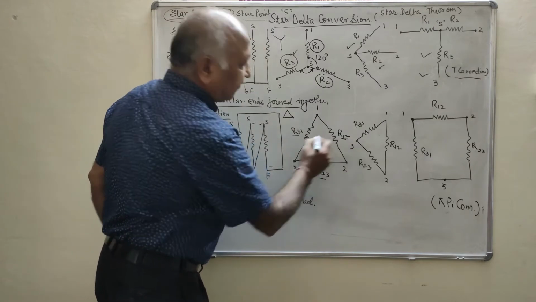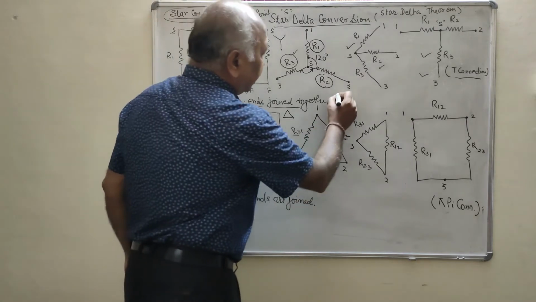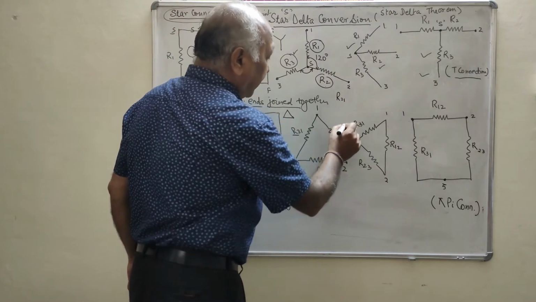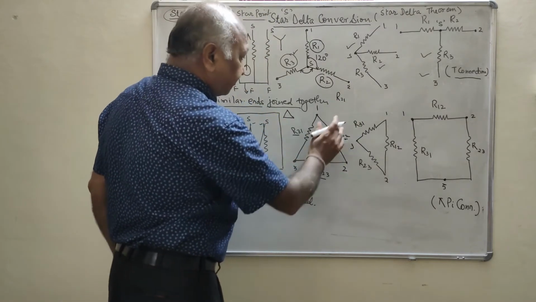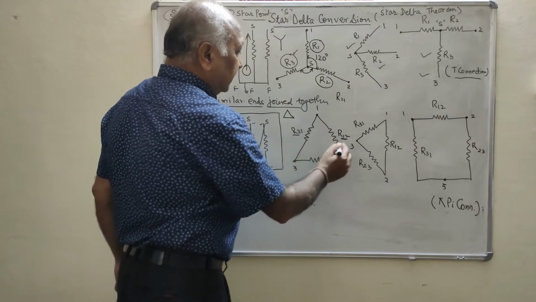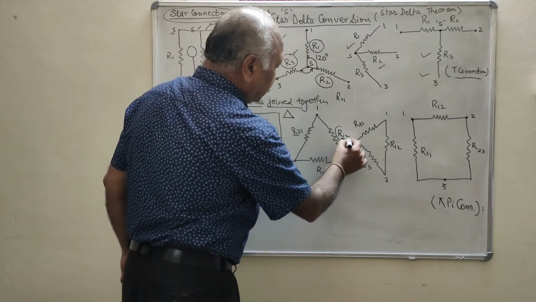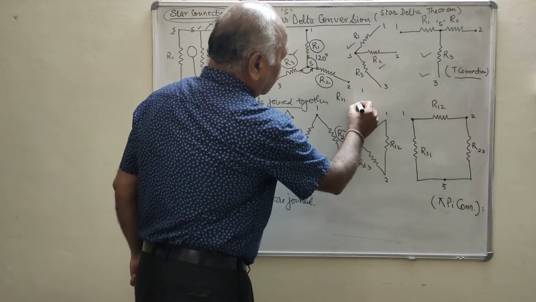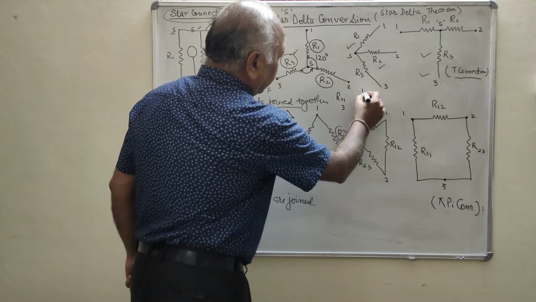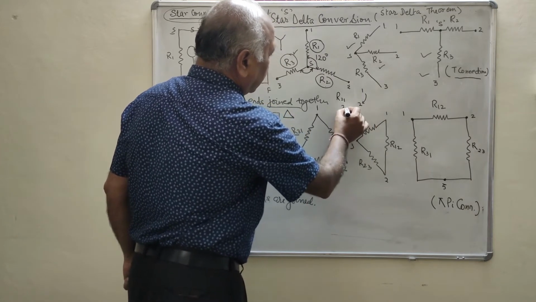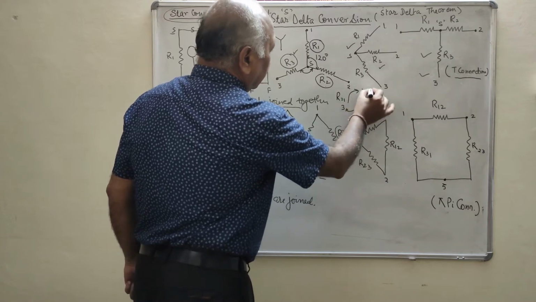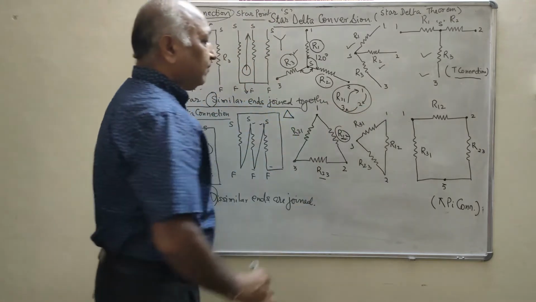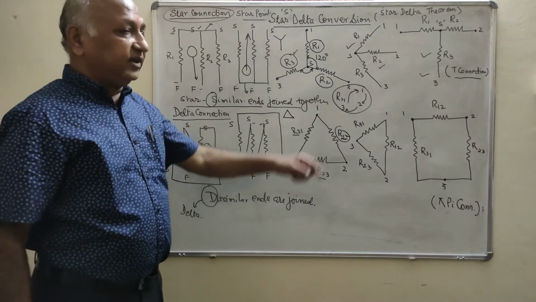You can write it as R21, but for easiness we are considering a sequence: 1, 2, 2, 3 and 3, 1. In a three-phase supply, this is known as the phase sequence.